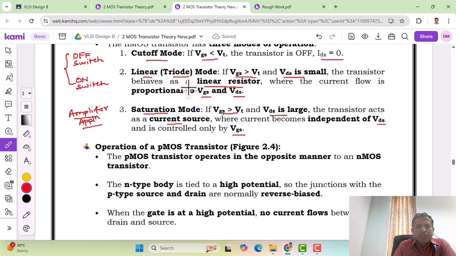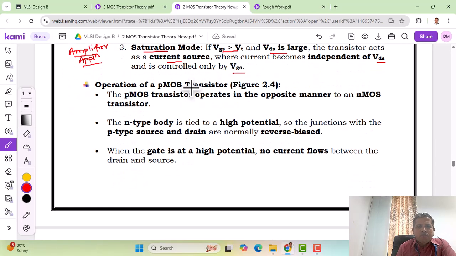But now if you look at the PMOS transistor, its operation is exactly the same as the NMOS transistor, but it operates in the opposite manner, and the voltages and currents are going to be negative. The n-type body is tied to high potential in this case. The p-type source and drain are normally reverse biased.